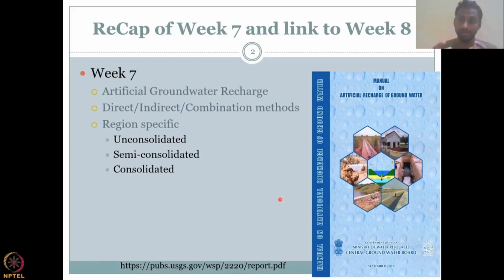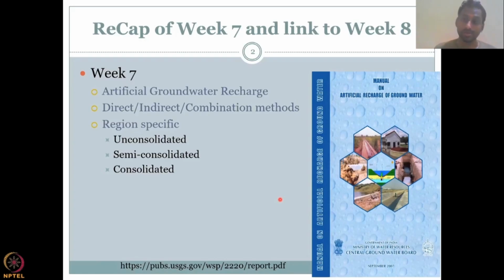The natural recharge is not adequate for the current use scenario, and that is why we had to engage in artificial recharge mechanisms. Those can be divided into 3 types: the direct, indirect, and combination methods.